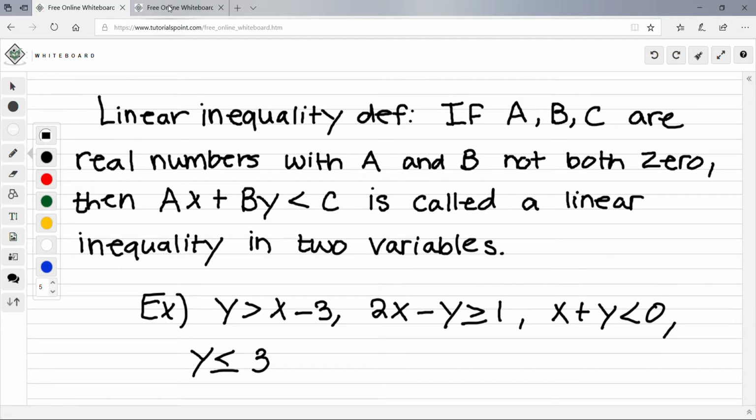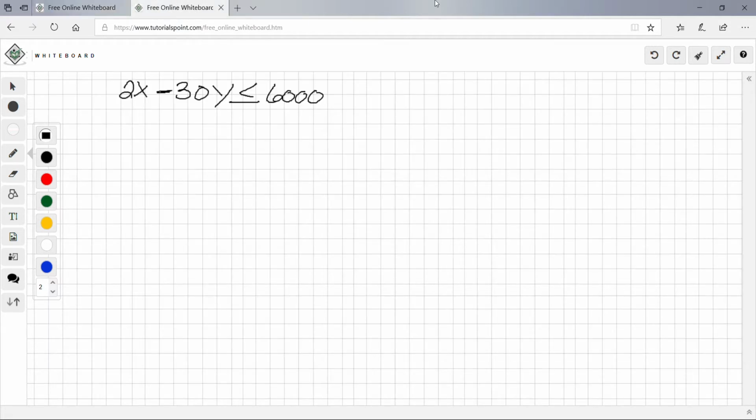So let's start. Let's say we have to graph 2x minus 30y is less than or equal to 6,000.